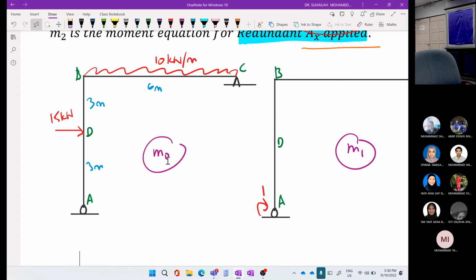CX. What is CX? Negative 50. CX, CY. CX berapa? Negative 15. CX. Yelah, 15 kan. CY 52.5.